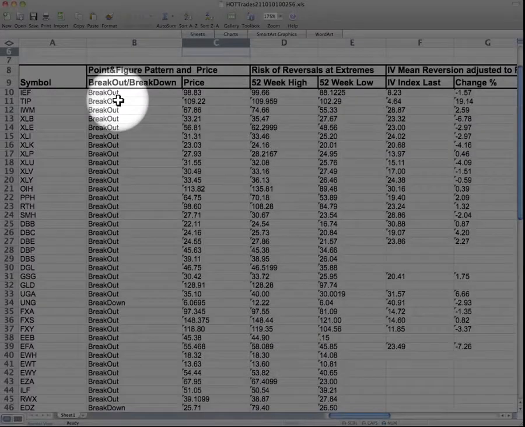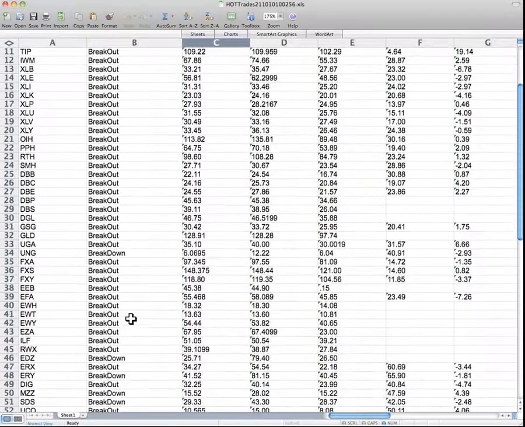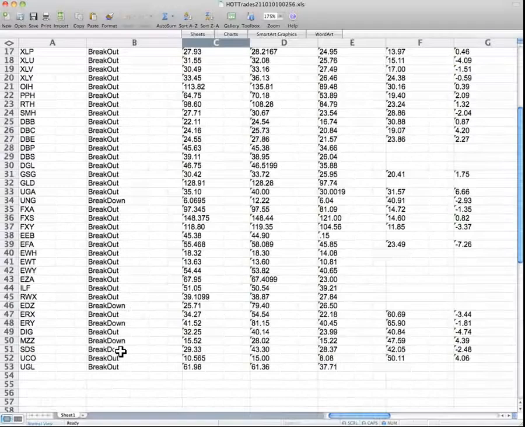What the trading report does is it sorts out the breakouts for the upside trades against the breakdowns for downside trades.